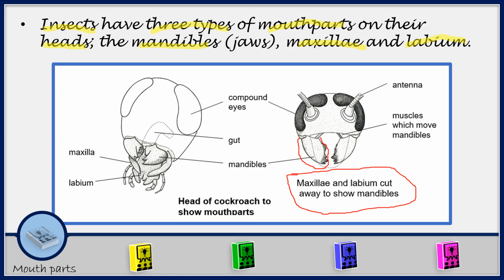And up here, those are the muscles which move the mandibles. So those are the main feeding tools.